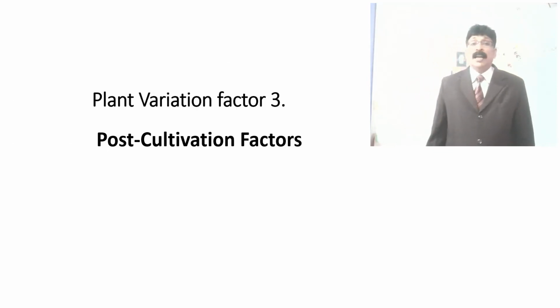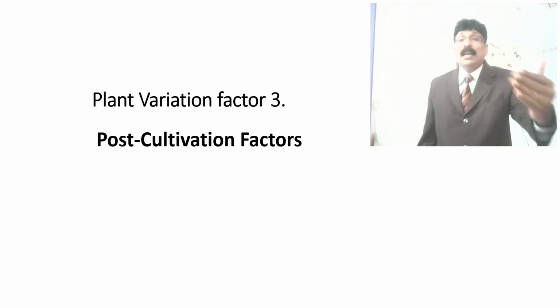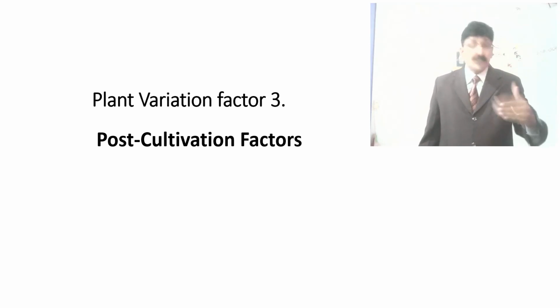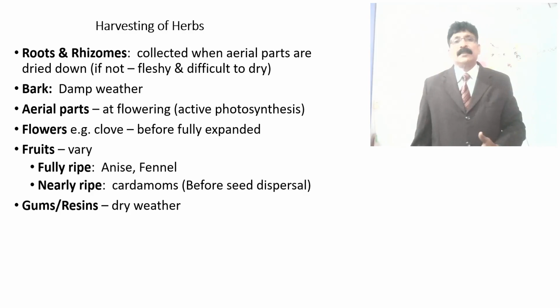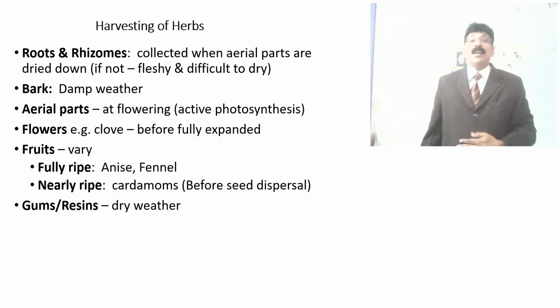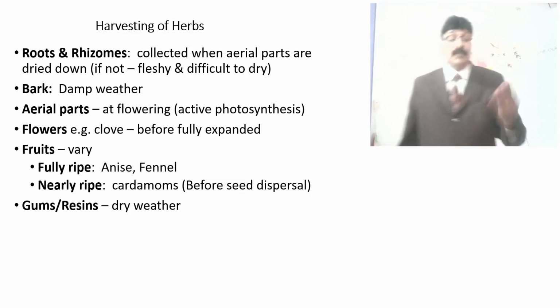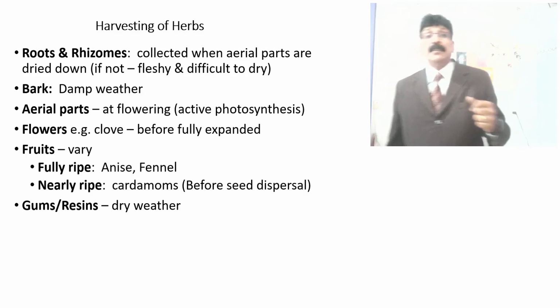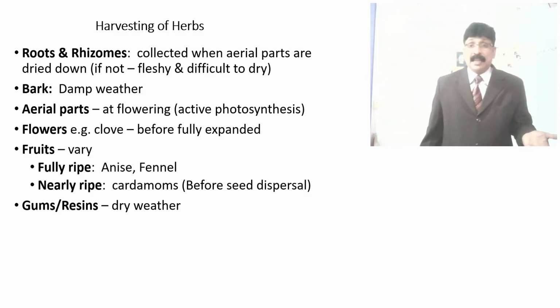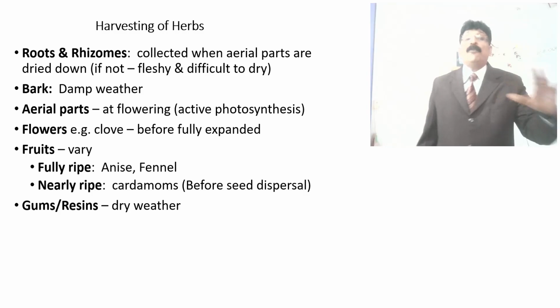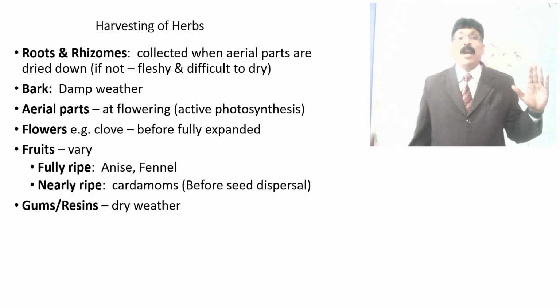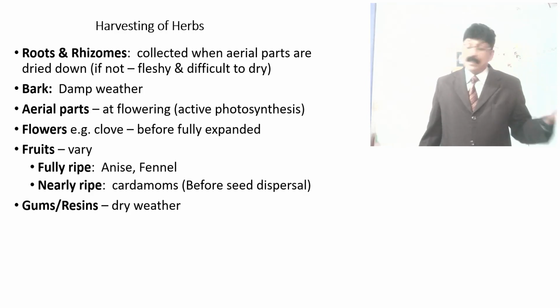And now the third one, plant variation factor number 3, how it is influencing: the post-cultivation factors. Harvesting of herbs: roots and rhizomes are collected when aerial parts are dried down, they will find out it is mature. If not, freshly dried to dry.